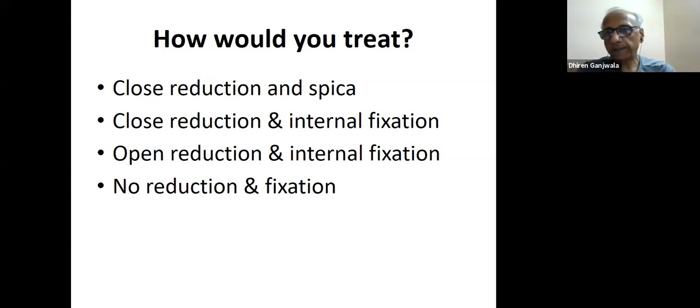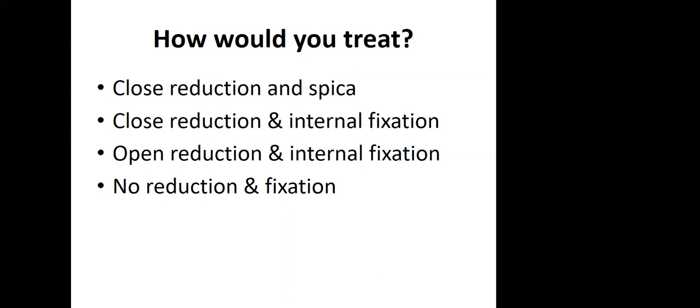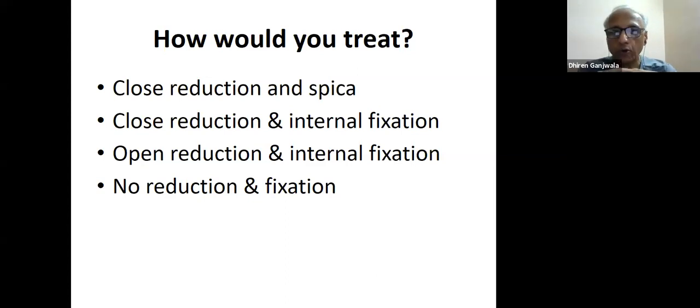Okay, tell me why. In a mild case, no reduction is required. Okay, because it's mild, you don't want to reduce it. Then the one who said that I will close reduce, what is your argument? Your friend is saying that it's a mild slip, there is no need for reduction.